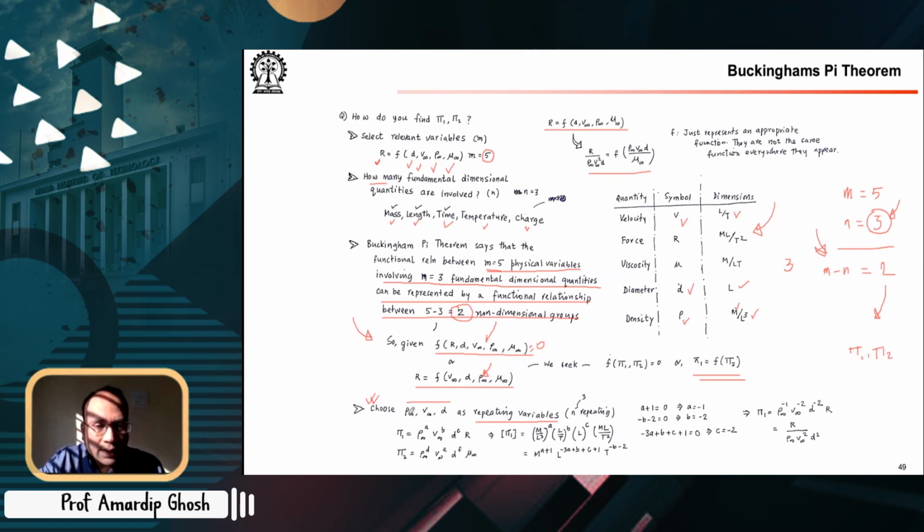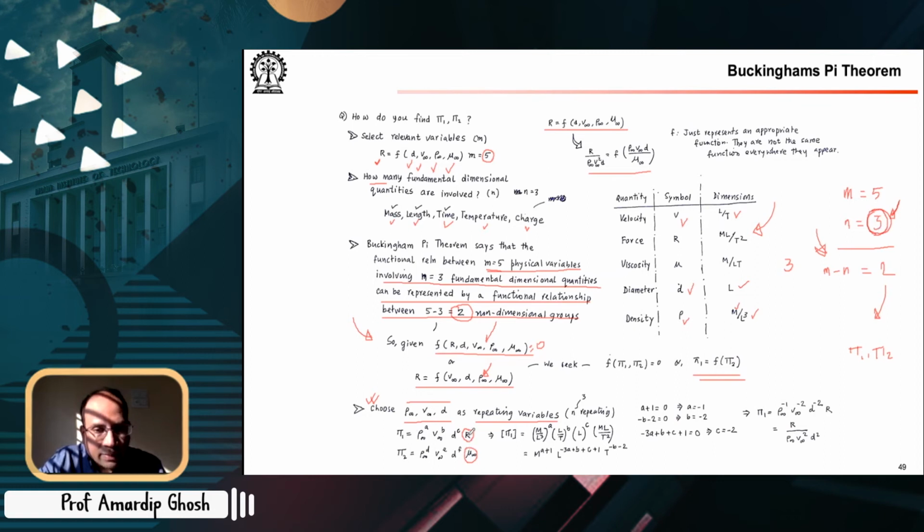So anyway, we have to choose three variables from these independent variables as repeating variables, and rho, v, and d have been chosen. Then we will bring in the variables that are left out one by one. We bring in three repeating variables because n is 3.